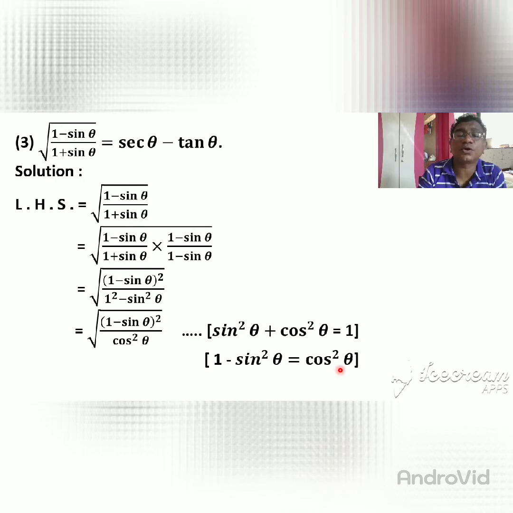Cos square theta. So I write here cos square theta, because 1 minus sin square theta is equal to cos square theta. 1 square means 1. Then 1 minus sin theta bracket square.